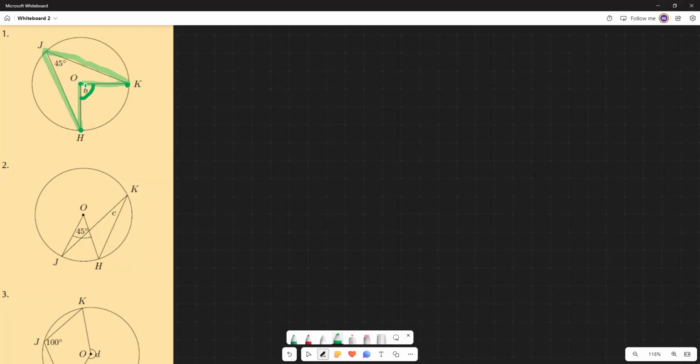One is on the circumference and this one is on the center, which means angle at the center is 2 times angle at the circumference. So you know that angle B is 2 times HJK. That angle there, we call it HJK, or you can say KJH.